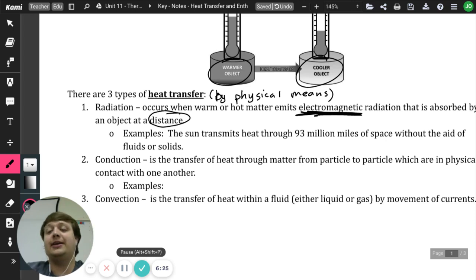Now, it does have to be at a distance and it does have to involve electromagnetic radiation, which, remember, with your EM spectrum does include light. Okay, so typically what we're going to be looking for is some form of a light source or that EM radiation, and that's going to be that energy transfer across a distance. We talk about an X-ray machine, right?